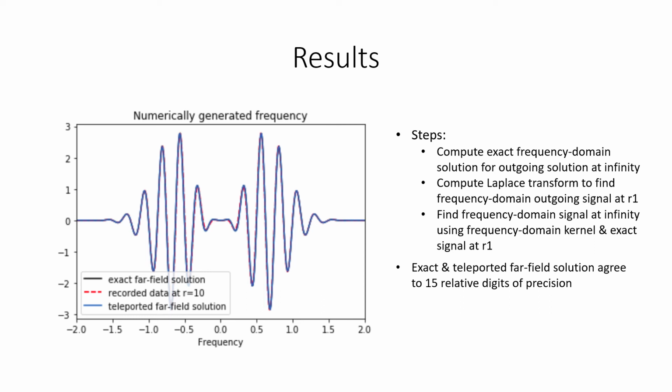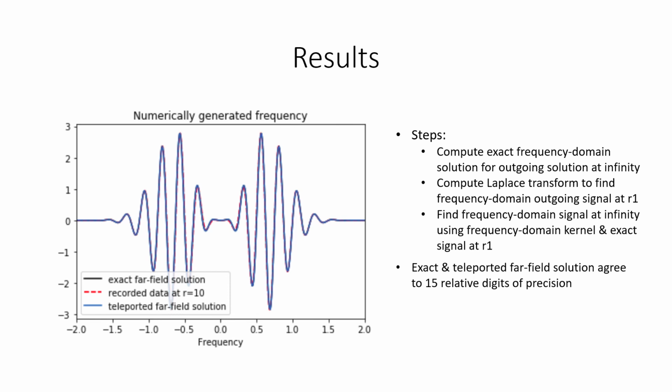This is accomplished by taking the Laplace transform of the signal at r1 in the time domain. Finally, we find the frequency domain signal at infinity using the frequency domain kernel and the exact signal at r1. In our case, r1 equals 10, r2 equals infinity, and L equals 2.